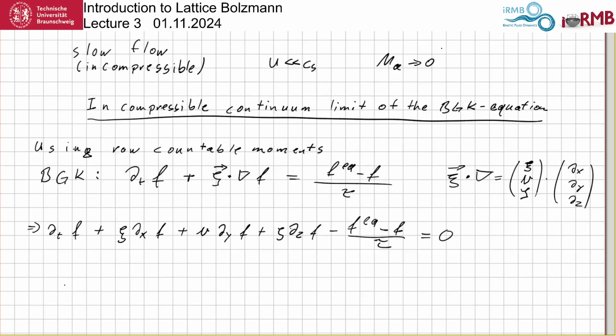And the countable raw moments, as a reminder, M a b c, is the integral from minus infinity to infinity over the distribution times xi to the power of a, upsilon to the power of b, and zeta to the power of c.